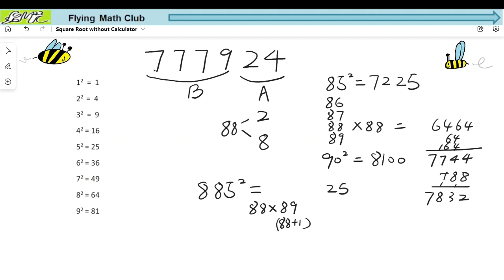So 885 squared equals 783,225. This value is bigger than the target value, so the square root should be less than 885. So we take 882 as its square root.